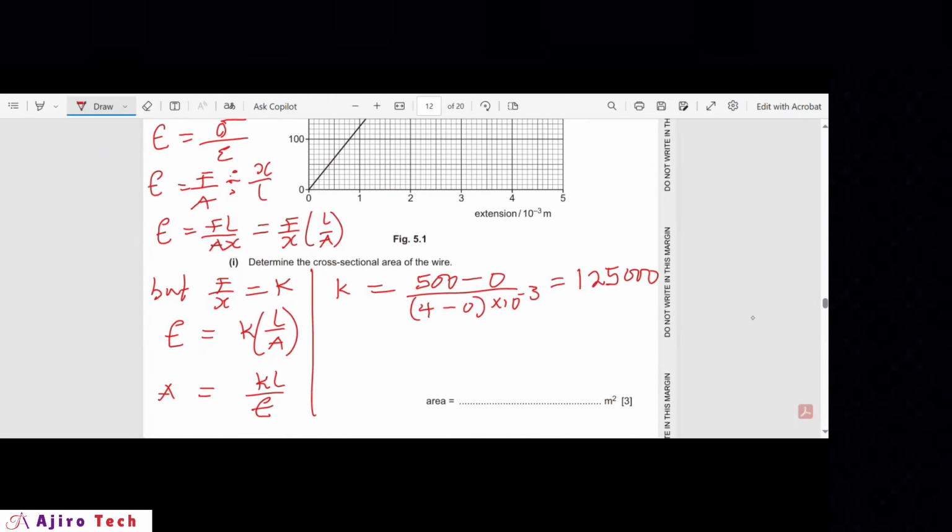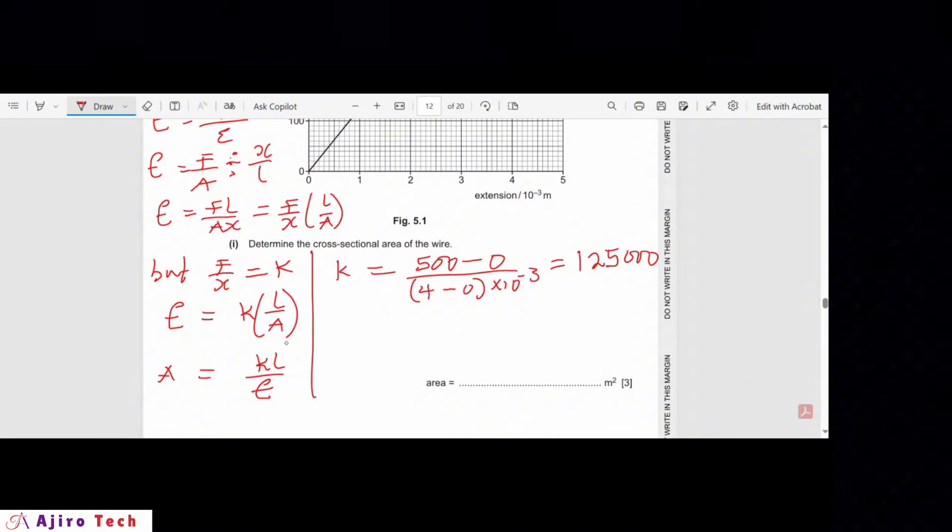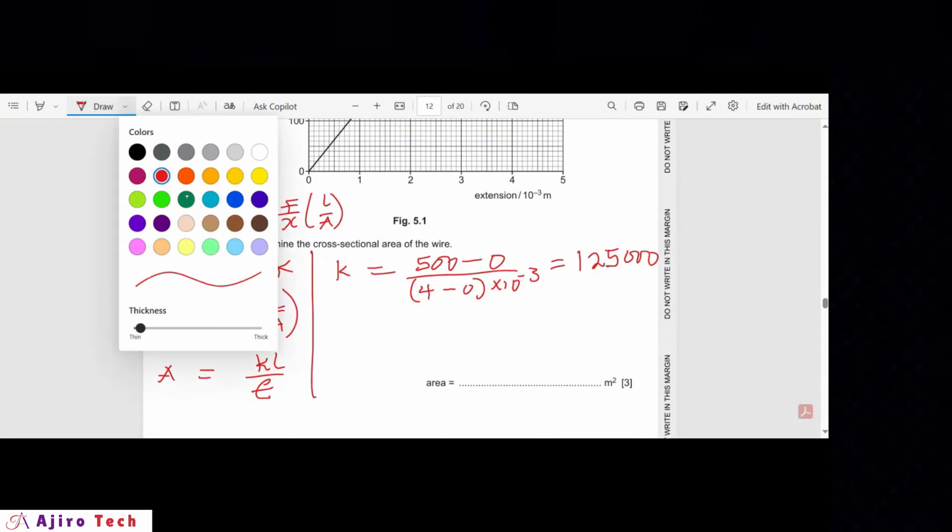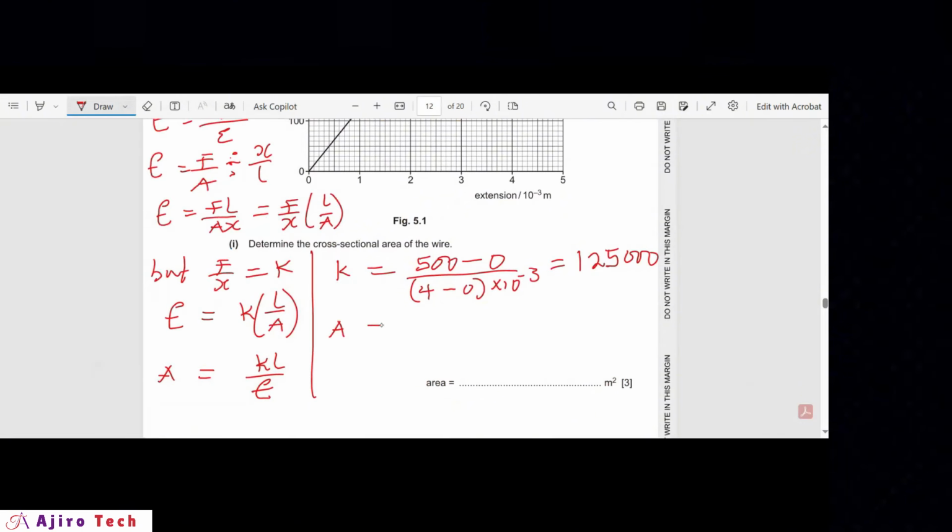Now to put in the variables, we're looking for A. A will give us 1.25 times 10 to the 5, times length.